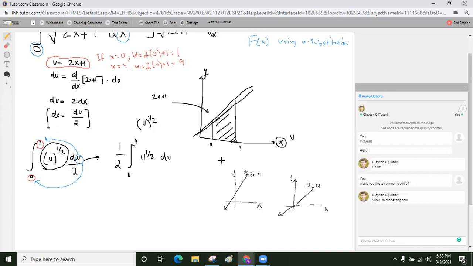And what we're saying when we're doing this with integrals is x from 0 to 4, this area is going to be the same, from 1 to 9, on the different curve, essentially. It's a shallower curve, so it's not going to get as tall.